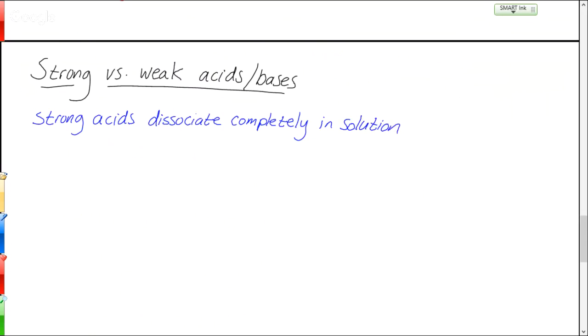What that means is if we put HCl in water, we're going to make hydronium and chloride, which is what results when the HCl splits up. So that's what we mean by dissociate. It splits up. And notice the arrow I drew there.